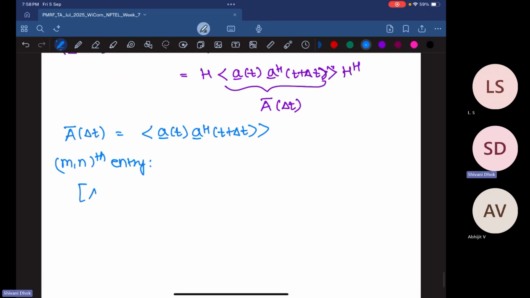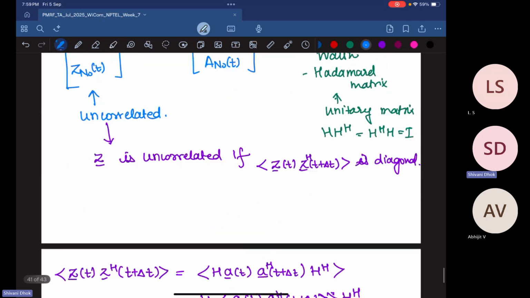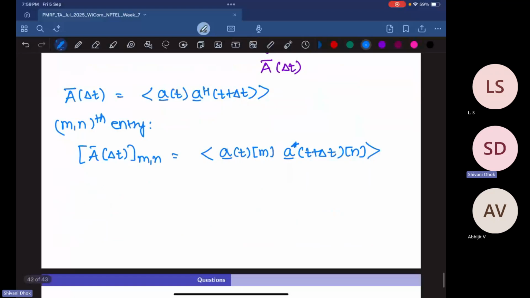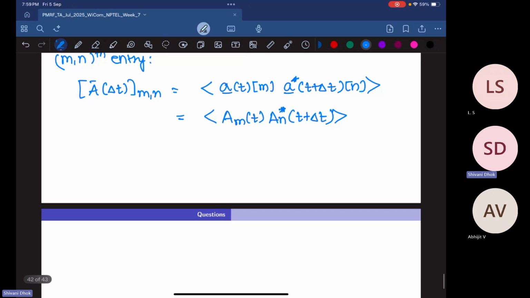that is given by A bar of delta t, m comma nth. That will be basically the time average of the mth entry of A of t into the nth entry of A of t plus delta t, conjugate. So this is basically am of t into an of t plus delta t conjugate. So what is this am of t into an conjugate?